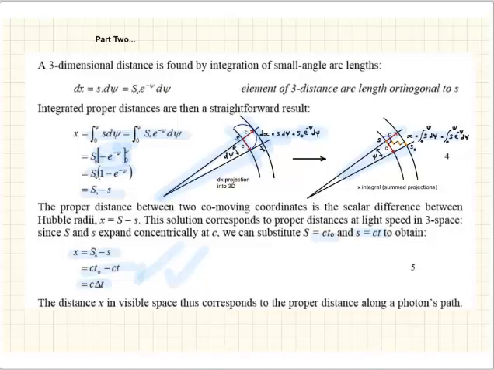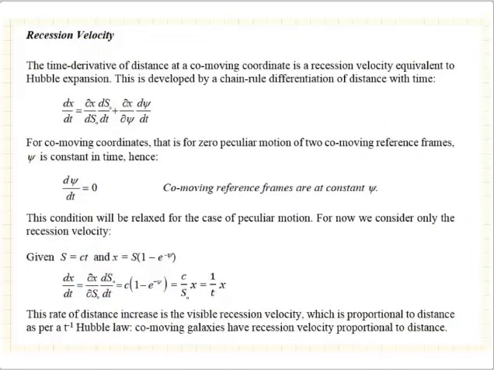Then how fast is that distance increasing, as indicated by the expansion of the universe? Well, having defined an integral distance of arc lengths, if we differentiate it using a chain rule that is as general as it can be, and recognizing that we can keep it simple by assuming co-moving coordinates, that is, the angular coordinate doesn't change between two cosmic distances, such as our galaxy and a distant galaxy, then it simply reduces to this dx by ds, where ds by dt is the speed of light, again from equation 1, and it leaves us with a recession velocity which is proportional to distance and inversely proportional to time.